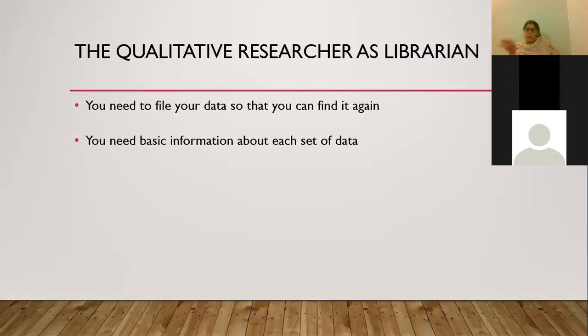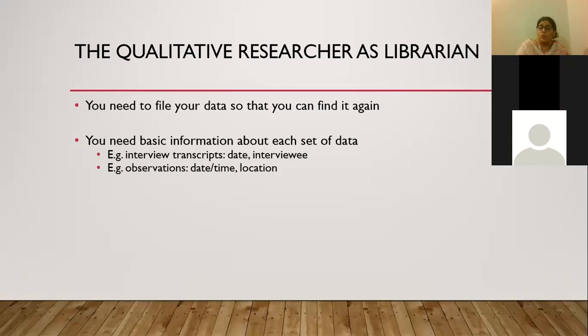Okay. This is not coding, this is just naming. So we are organizing our data. We are just keeping names of files properly so that we remember them later. We've not reached coding yet. Interview transcripts, you can name by date, or by the interviewee. Observations, you can name by date or time or location.